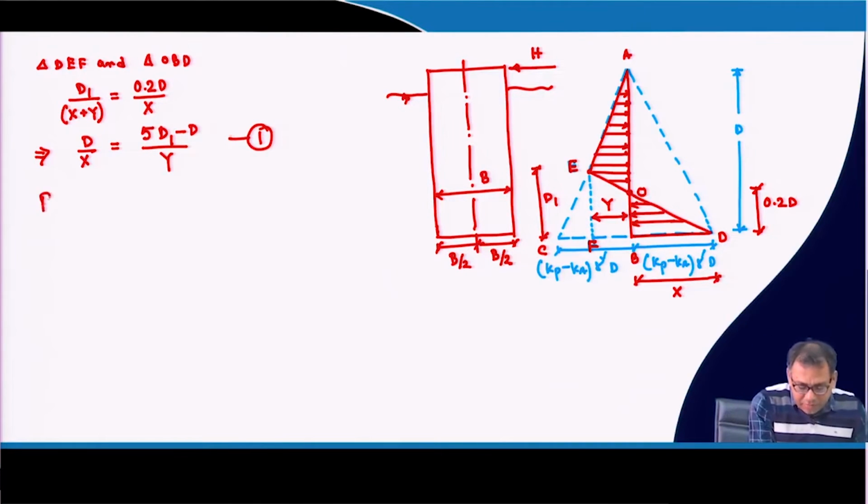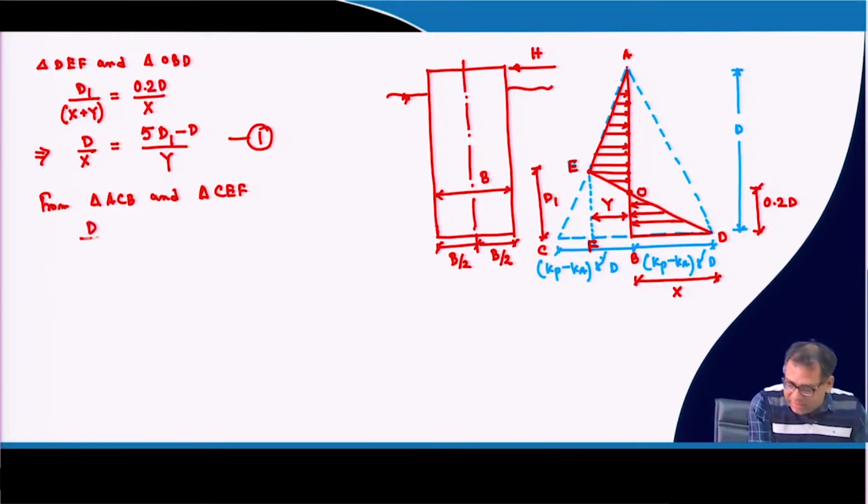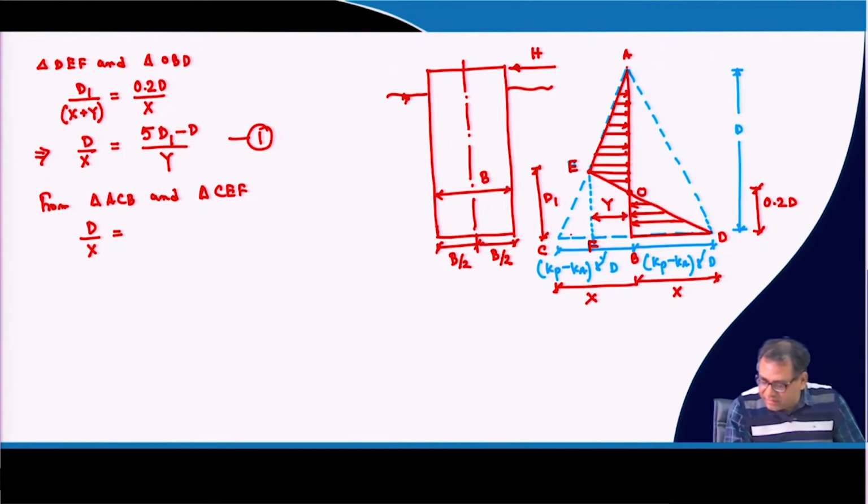Now, again, from another pair of similar triangles, ACB and CEF, the bigger triangle ACB and the smaller triangle CEF, I can write d by d1 equal to x divided by x minus y.